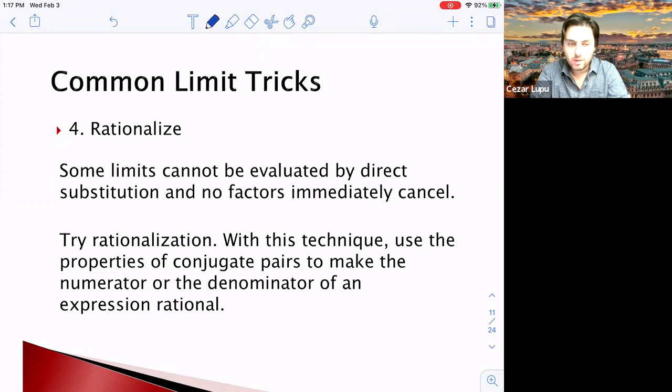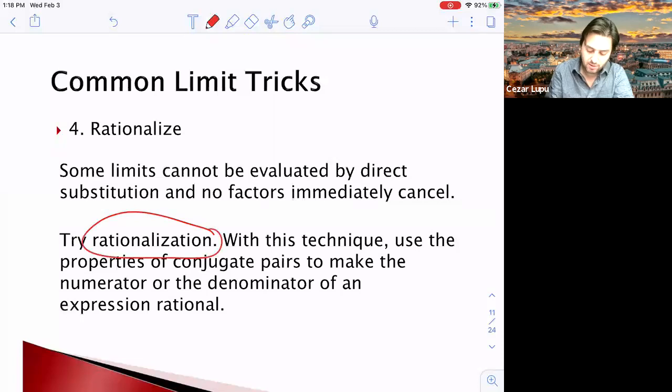Well, we will try to rationalize this. And what do we mean by this? So we would like to try what we call rationalization. With this technique, we use properties of the conjugate pairs to make the numerator or the denominator of an expression rational. So that's the goal of rationalization.